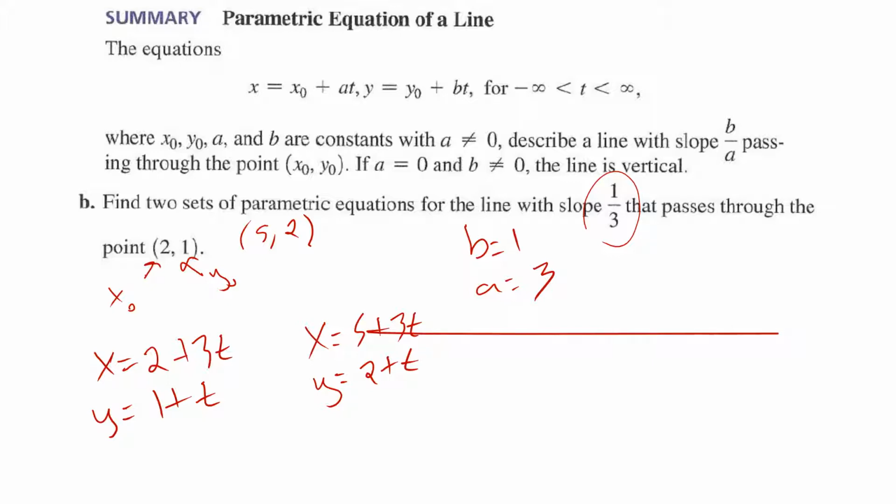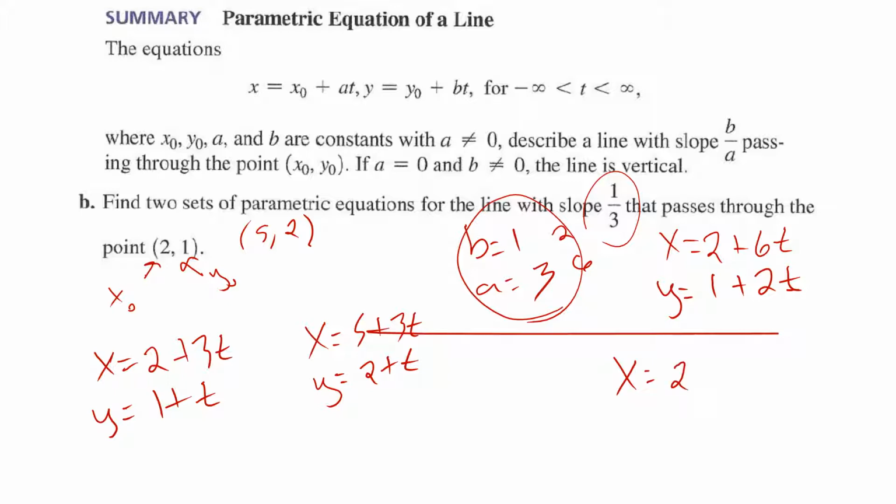We could also change the slope. Instead of 1, 3, we could use 2, 6. So we could have x equals 2 plus 6t, y equals 1 plus 2t. We could make it negative.